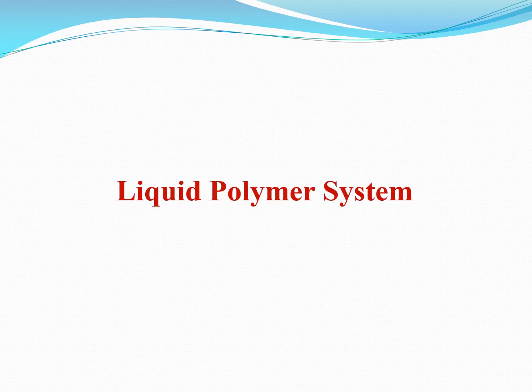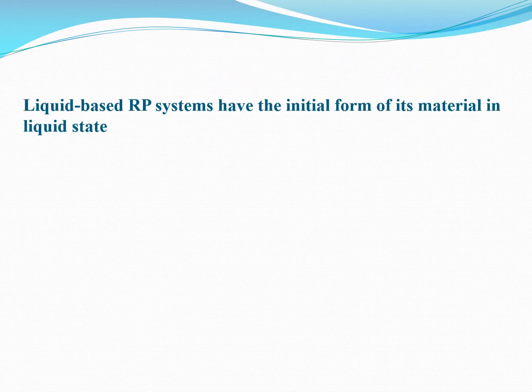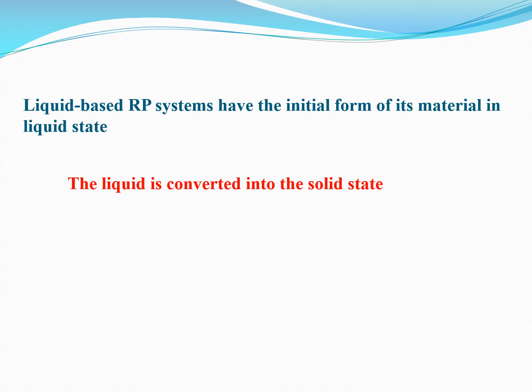Liquid polymer system. The stereolithography apparatus, whose short form is SLA, is the process. Now we will discuss that SLA process. Liquid based RP systems, that means rapid prototype systems, have the initial form of their material in liquid state.